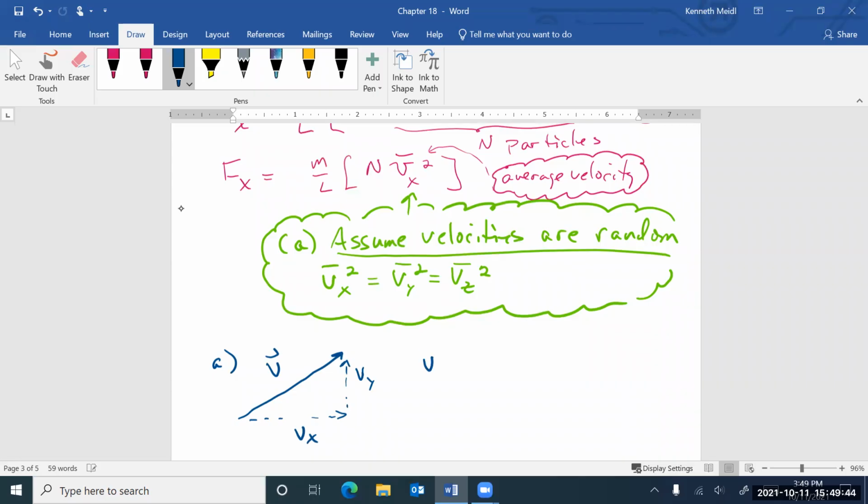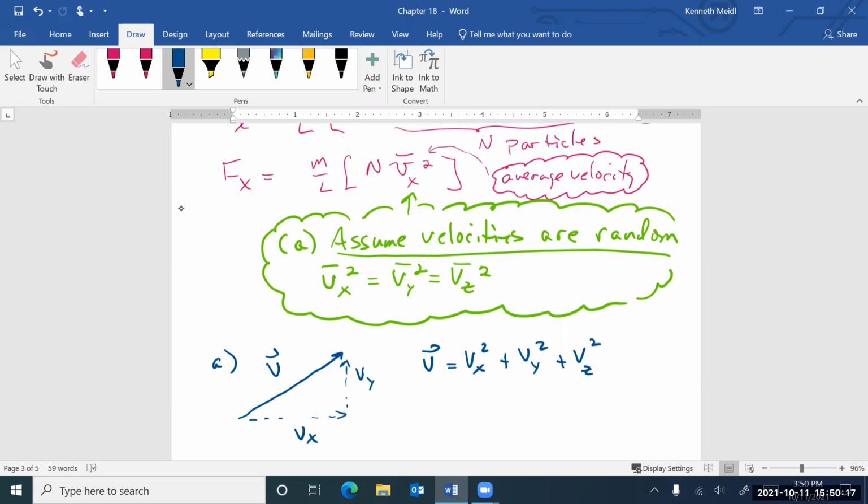And so the velocity vector, in the picture that I've got right now, is the addition of these two components, right? The x component and the y component. So you put them head to tail, and you get the x component, you square it, you get the y component, you square it, you add them together. You take a square root, but if you have a third dimension, you're going to square that as well.